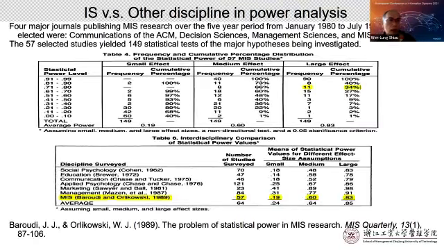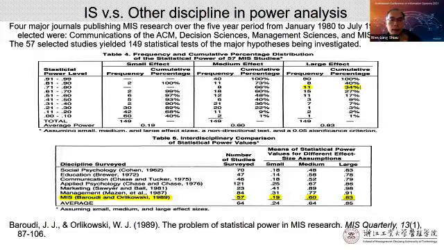I also went into the IS field to find out what happens there. 30 years ago, Baroudi and Orlikowski found that even though we assume a small, medium, or large effect, we have a problem: nearly 99% are below the needed power level of 0.8.